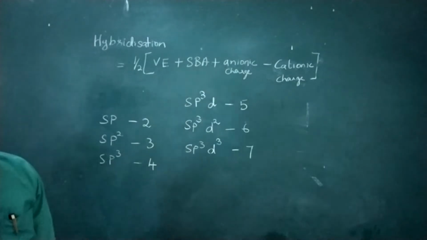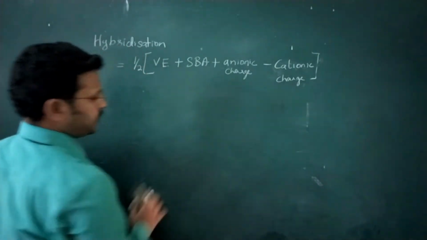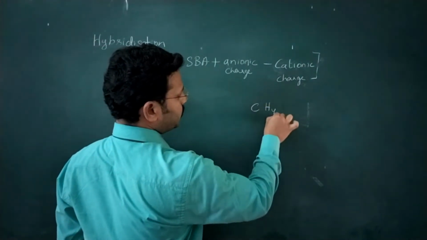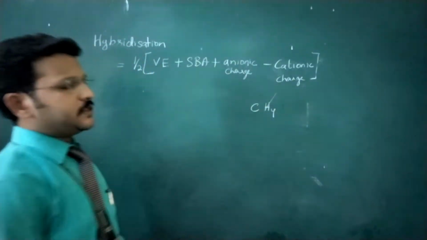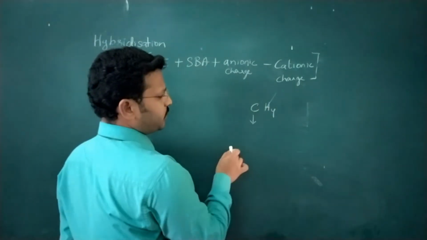We will prove this with an example. I am considering the methane molecule, CH4. I will not consider the electrons of hydrogen; I will consider the valence electrons present in carbon.